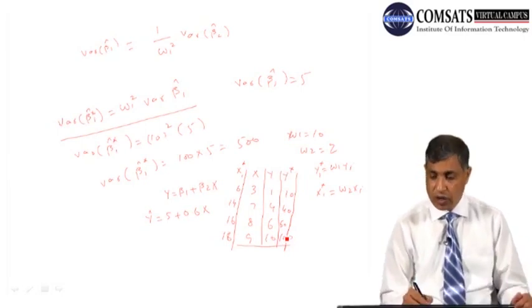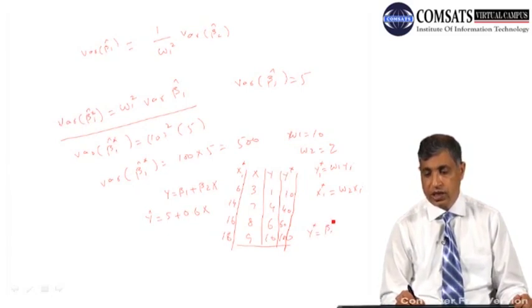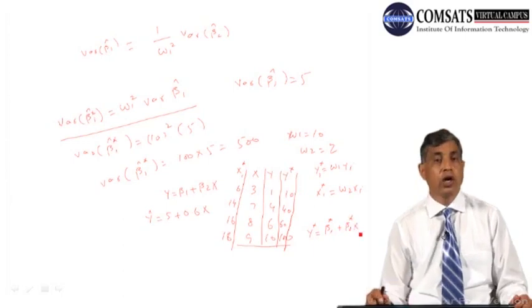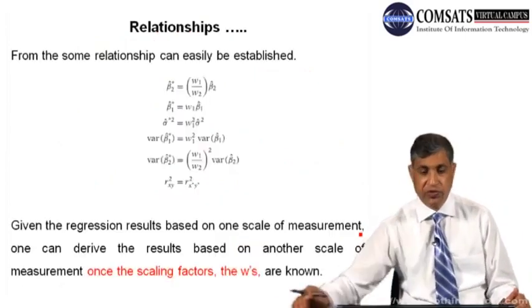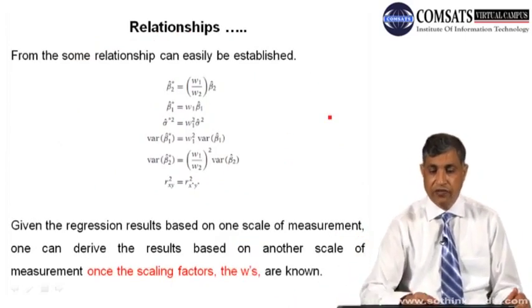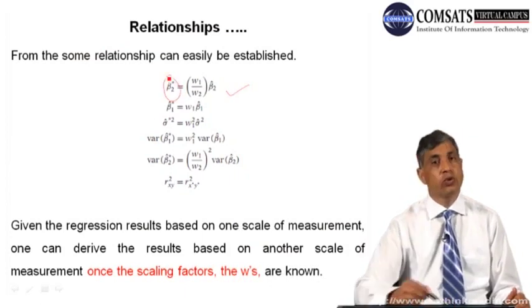So now I will have to again run the regression: Y star is equal to beta 1 star plus beta 2 star x. It will take time, but if I know the relationship between these formulas, you can see from here, I can immediately find the value of beta 2 star.